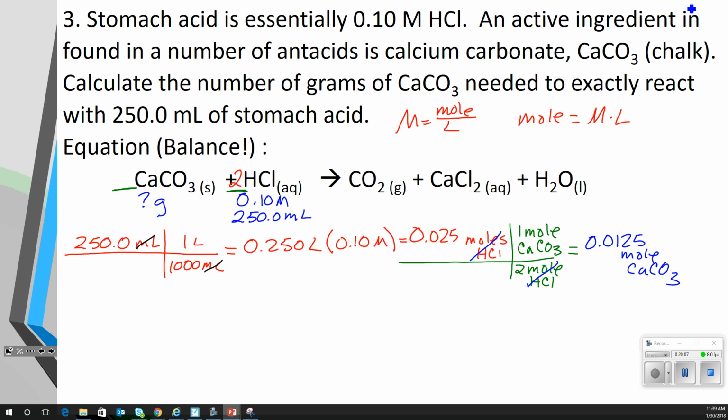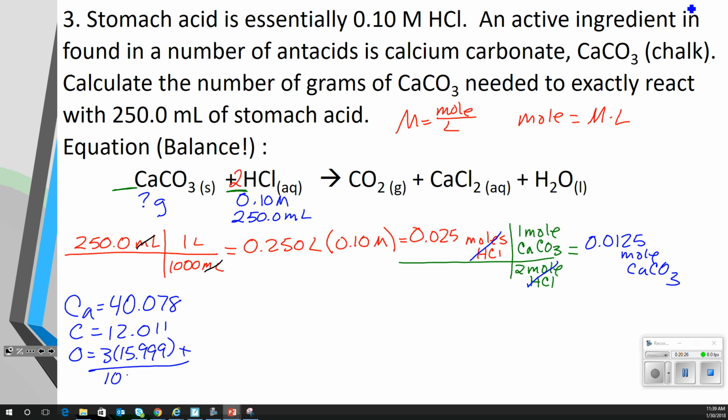Grams of calcium carbonate. That means I need to take a minute and go calcium from the periodic table is 40.078. Carbon is 12.011. Oxygen, I need 3 of them at 15.999. And I get a total of 100 point something or 101, something like that. 100.086 grams per mole.